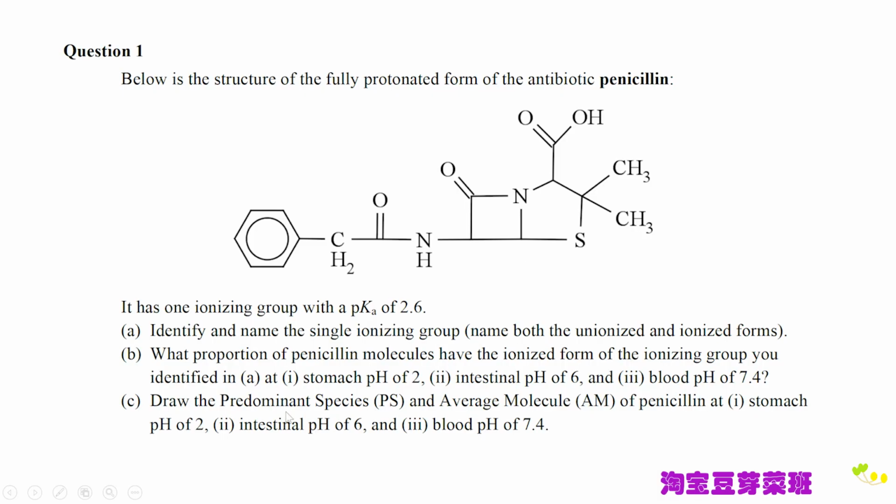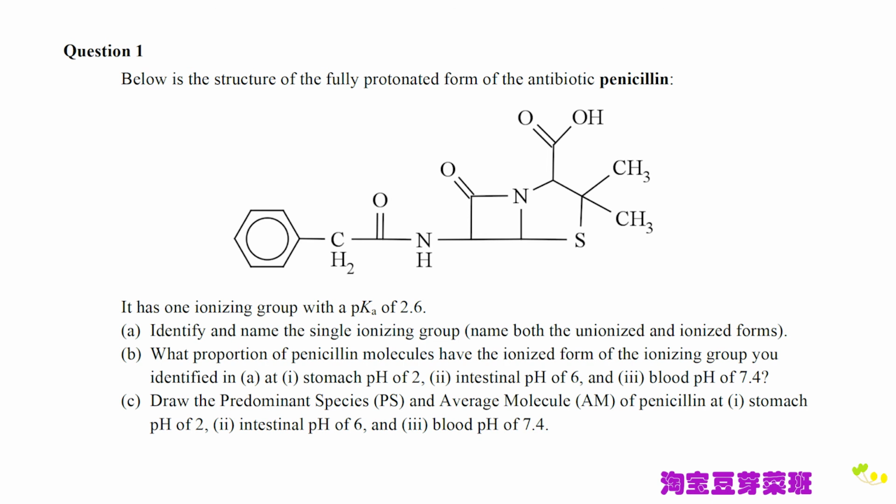And let's look at pH equals 6. According to question B, the aqueous solution contains 100% of the ionized form. So we change the H into a negative sign. So this one is the predominant species.